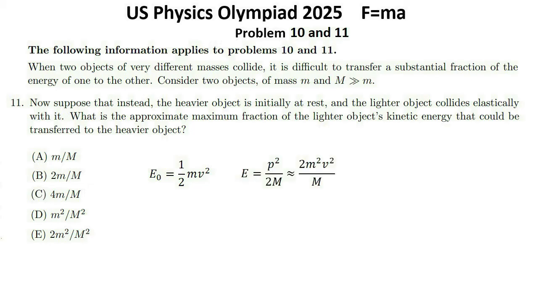Then the kinetic energy E of the heavier object is p squared over 2 big M, which is approximately 2 small m squared v squared over big M. Thus the maximum fraction E over E0 is approximately 4 small m over big M, which is answer C. That was the solution for problem 11.